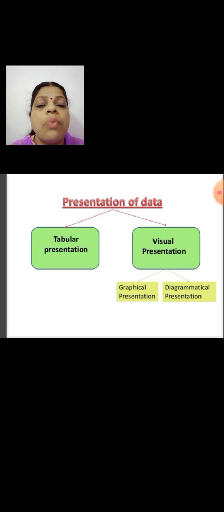So that is tabular representation and visual representation. We have already discussed the tabular presentation as well as the visual presentation. And in this module, we are going to discuss the diagrammatic presentation of data.